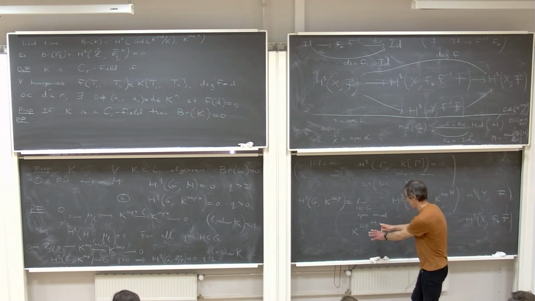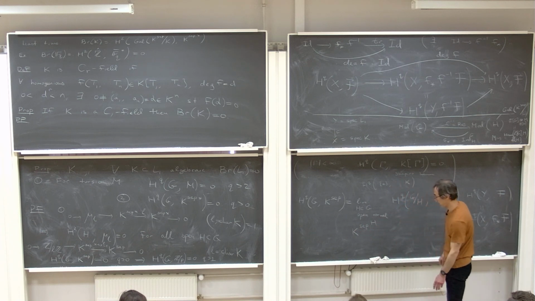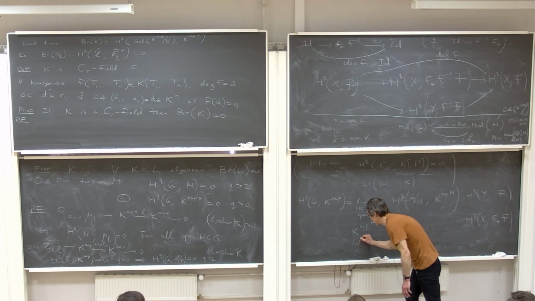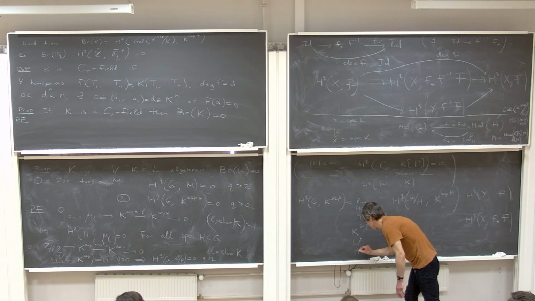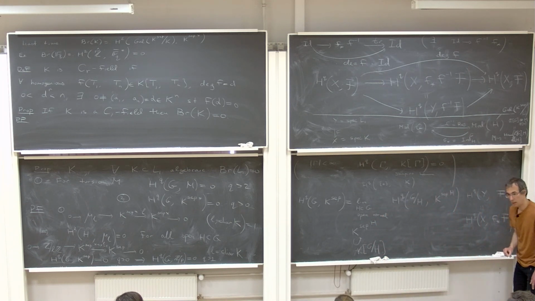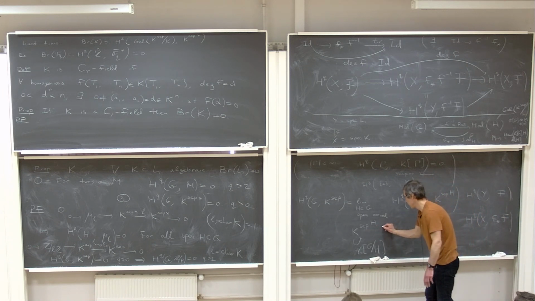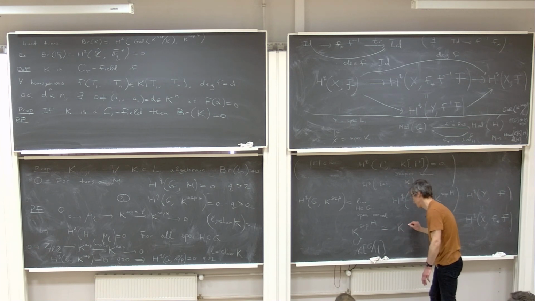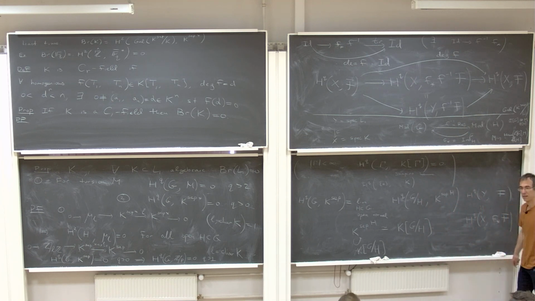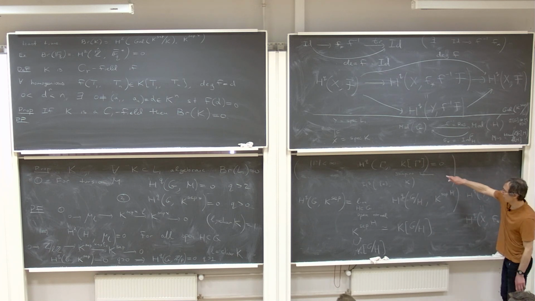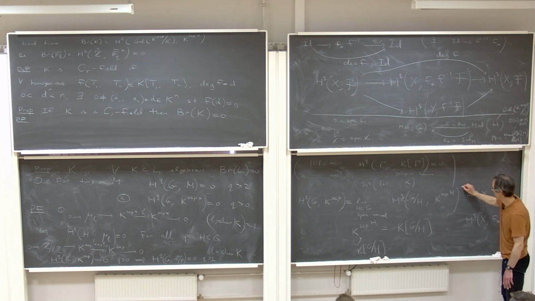Let's consider this field as a vector space over K with action of the Galois group G mod H. It's a representation of this group, and the claim is that this representation is regular. So in particular, combining this with Shapiro's lemma, you get that this is 0.